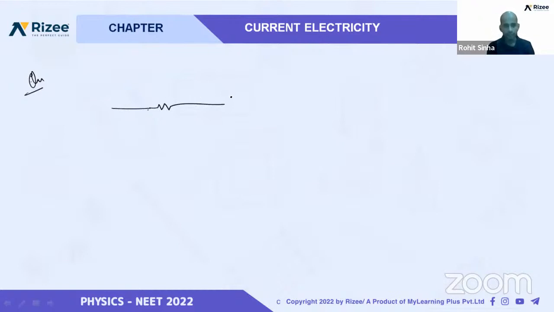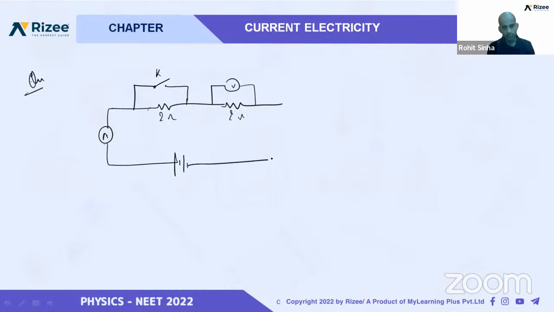We are having a circuit like this. This is switch, and it is connected here ammeter, and we are connecting here voltmeter. Okay, and we have 2 ohm and this 2 ohm, and it is connected here to a 10 volt battery.